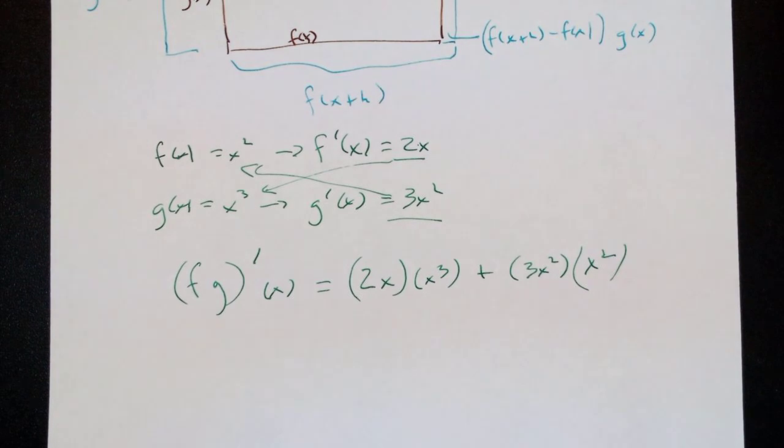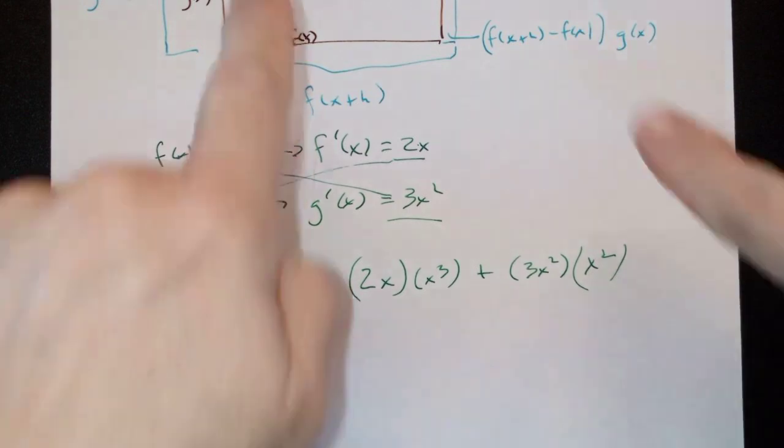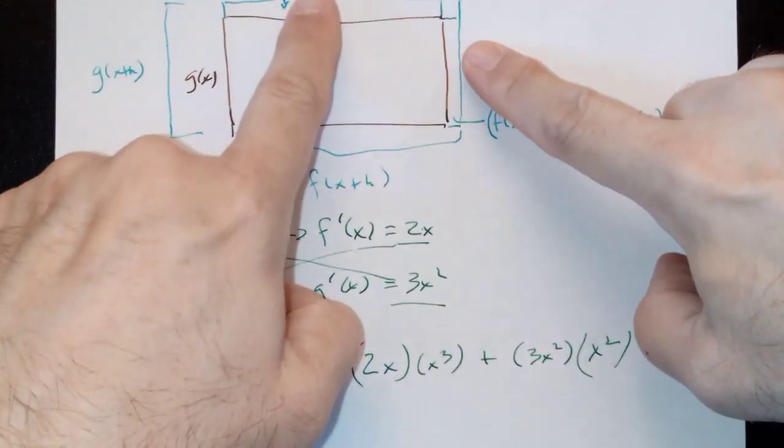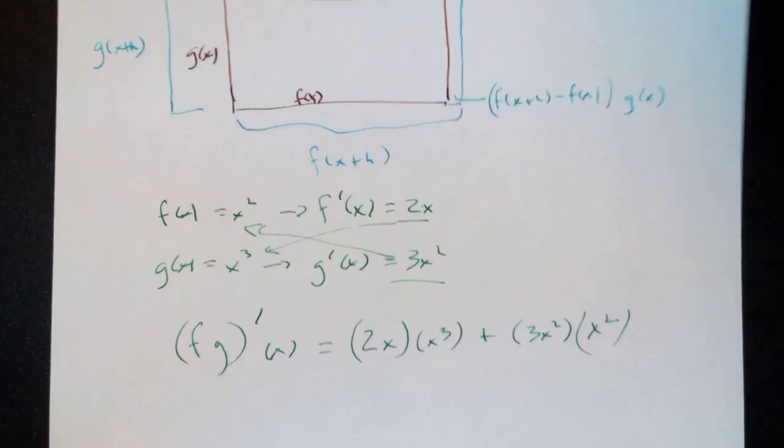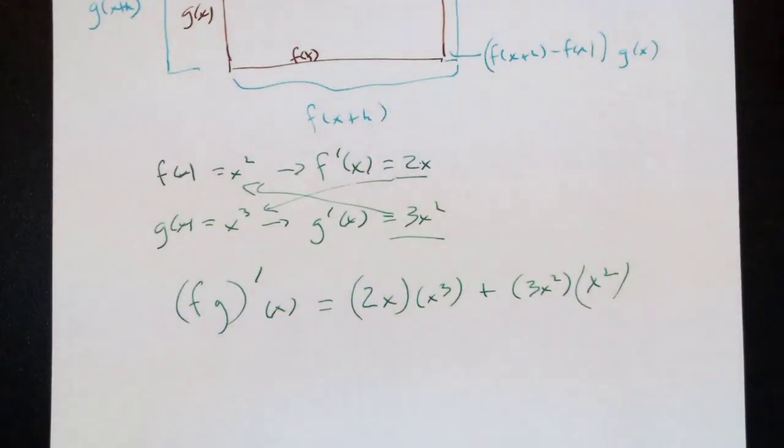Because then I will have added the rectangle that is the long, thin edge and the rectangle that is the long top edge together. Hey, what do you get when you do this?